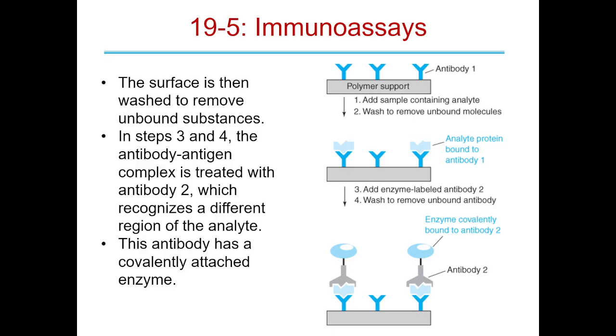So in steps 3 and 4 here, down here, the antibody-antigen complex is then treated with antibody 2, which recognizes a different region on the analyte. This is one limiting factor. Keep in mind, these are actually binding to binding sites, right? So if they try to bind to the same site, guess what happens?